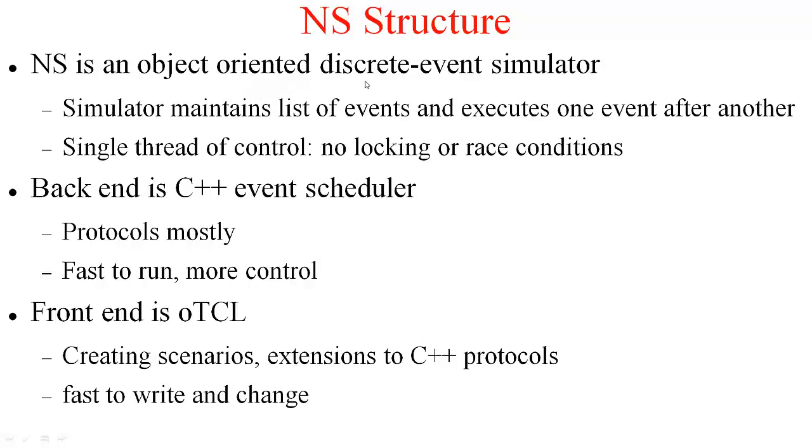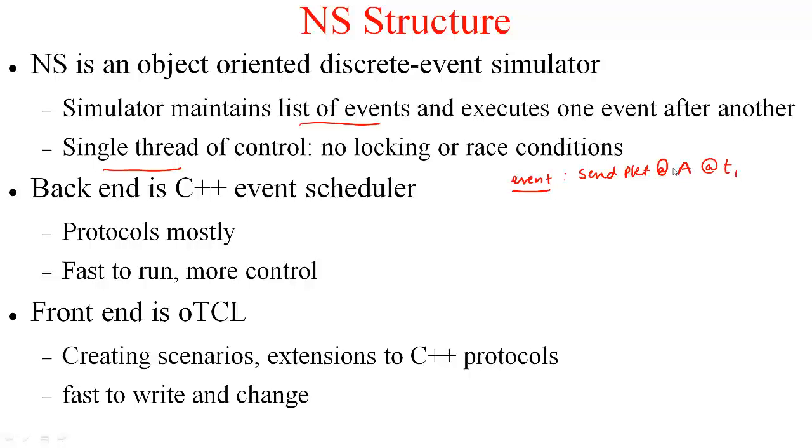ns2 is basically an object-oriented discrete event simulator. Basically, the simulator maintains a list of events and executes them one event after another. There's only a single thread of control, which avoids locking and race conditions. So what do I mean by this? Suppose there is an event that says send packet at node A at time t1.